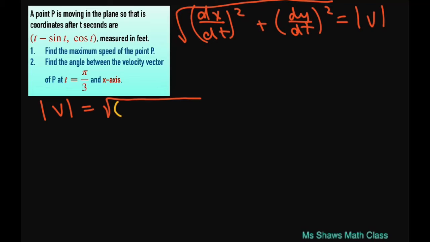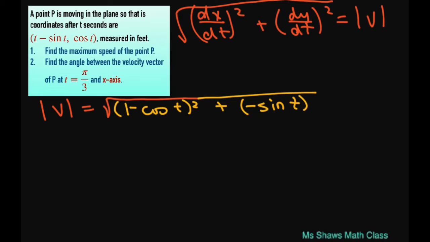So we have the square root of (1 − cos t) squared plus (−sin t) squared.